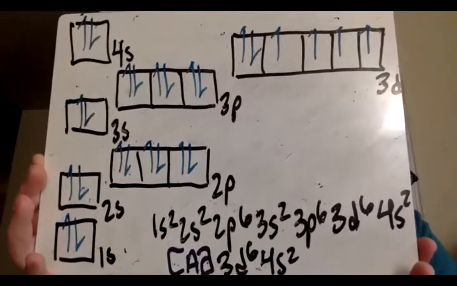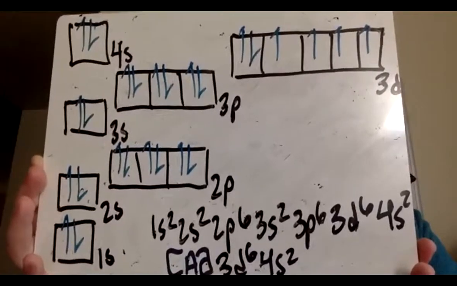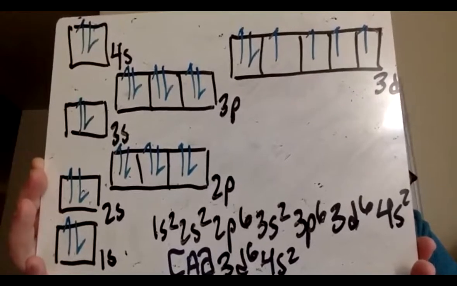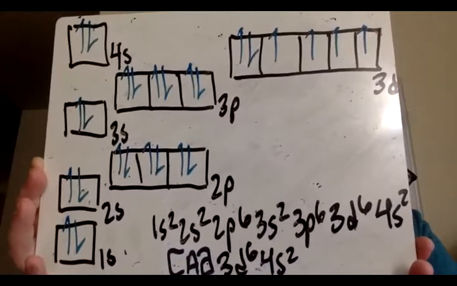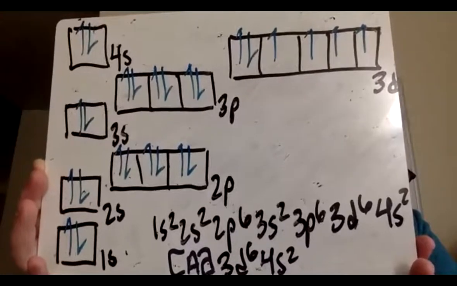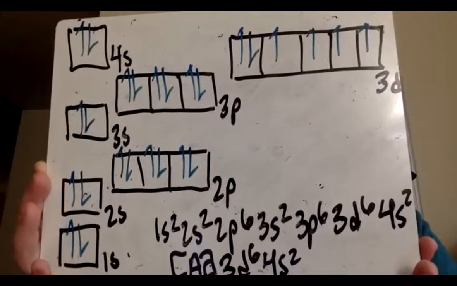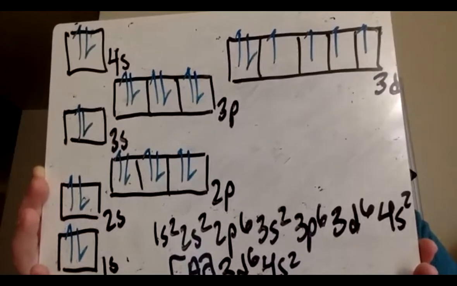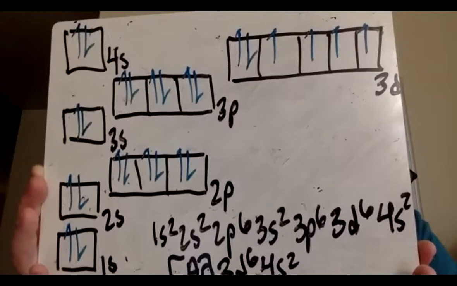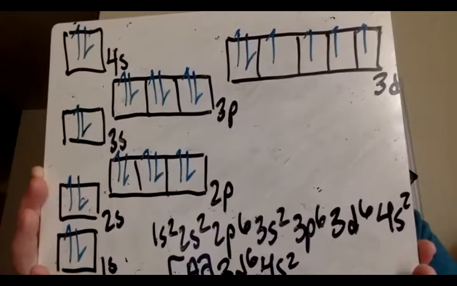So in this case, you fill the 4s2 for iron, and then the 3d6. You fill each of them singly, and then you pair one, your last electron, in one of the d orbitals. Why is it 3d6?